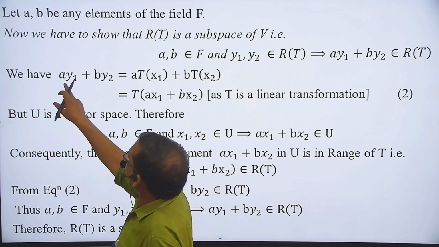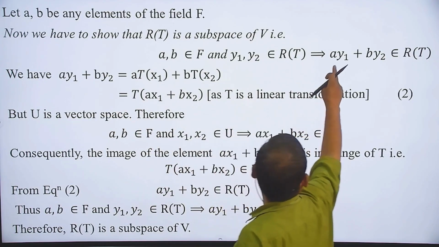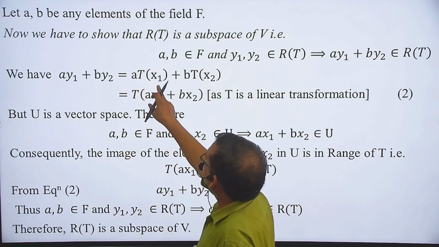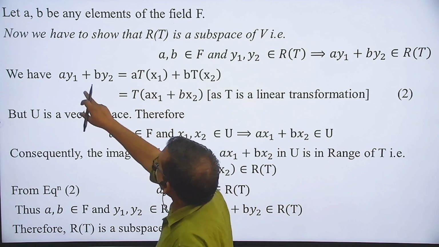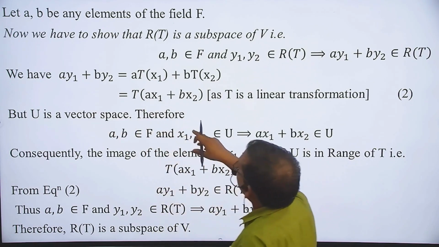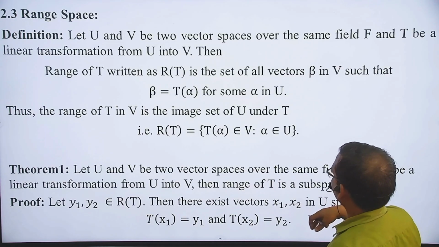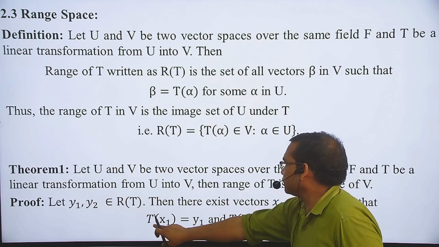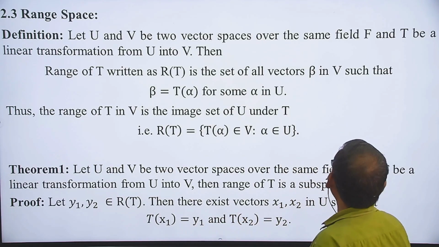We have a y1 plus b y2 equal to a T(x1) plus b T(x2). Here we have supposed T(x1) is equal to y1 and T(x2) is equal to y2.